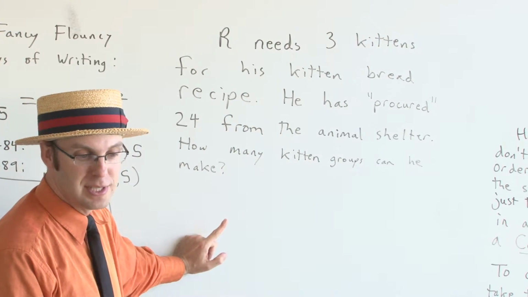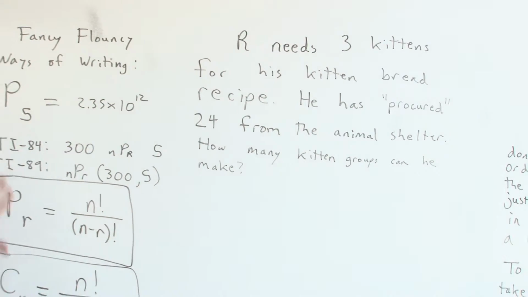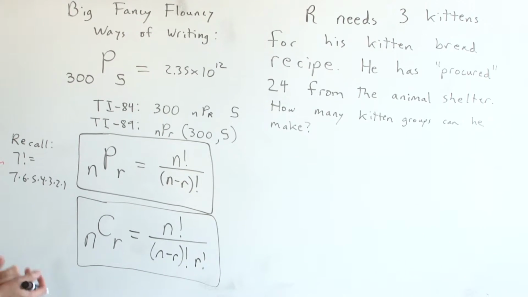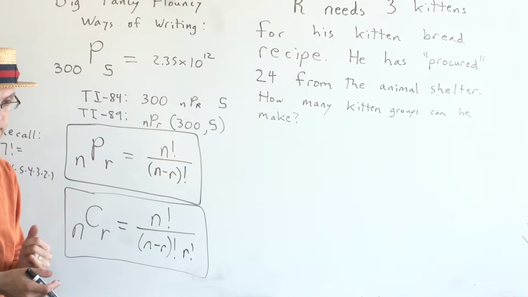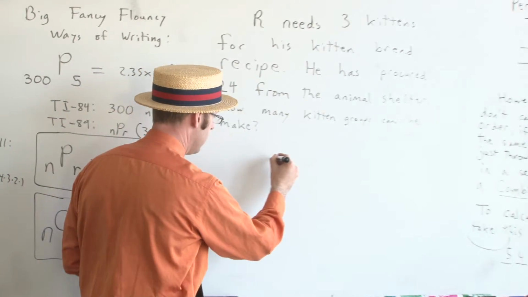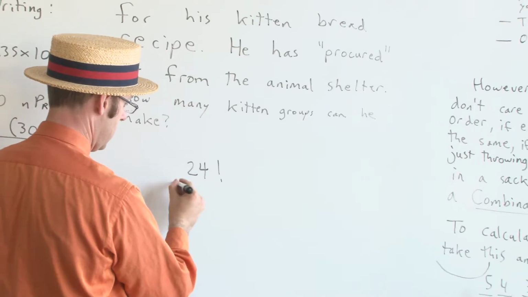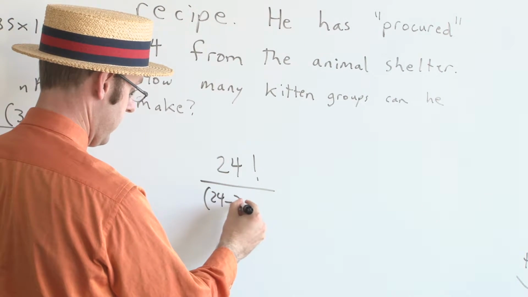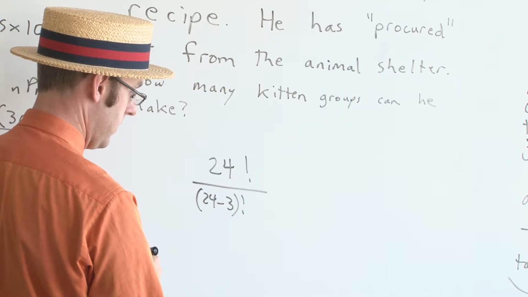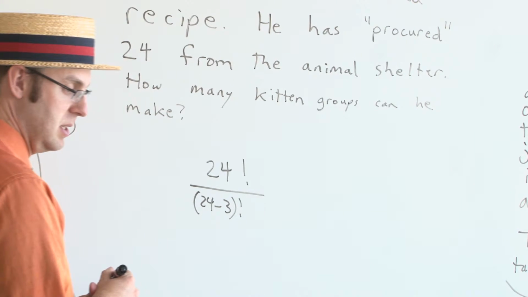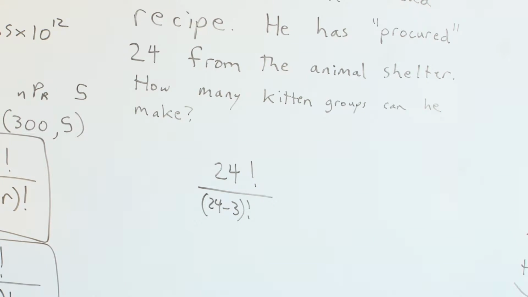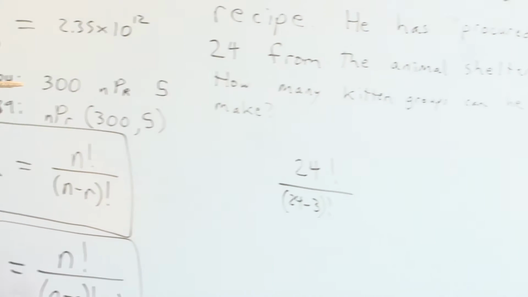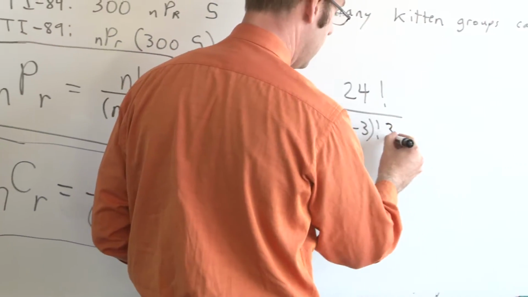So how would we represent this in terms of these guys? Where do the numbers fit in? 24 factorial over 24 minus 3. Nice. Anything else? Since it's a combination, with an extra 3 factorial.